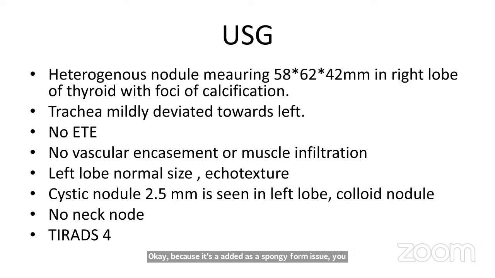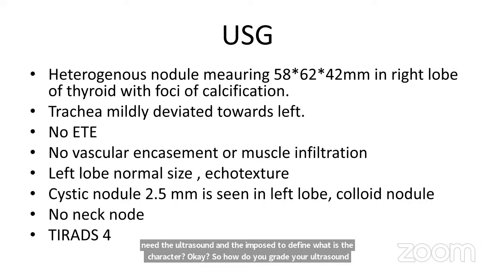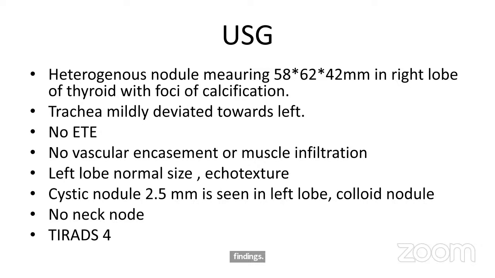Okay, so how do you grade your ultrasound findings? So it is graded to TIRADS category, TIRADS 1, 2, 3, 4, 5. So on the basis of the characteristics of a nodule, the echogenicity, the margins, microcalcifications, taller than wider shape, it takes into consideration all these characteristics of a nodule, and we can put it into a TIRADS group.